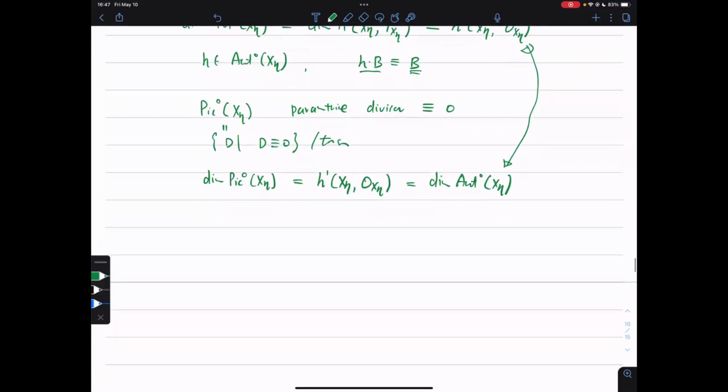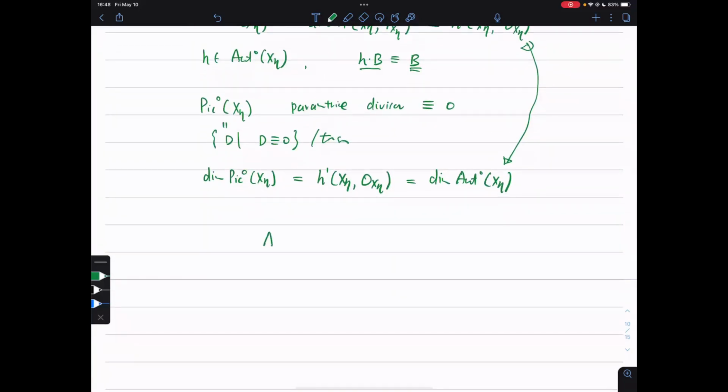And indeed, there is a natural morphism. It depends on the divisor, so let me explain. Let H be an ample divisor. Then there is a map between them.